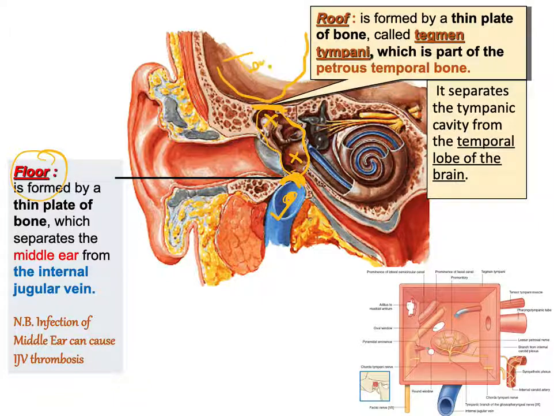Here is located the temporal lobe of your brain, right? So that's interesting. So we finished the roof and floor. Look at the floor, the internal jugular vein related to it. You see here. Okay.